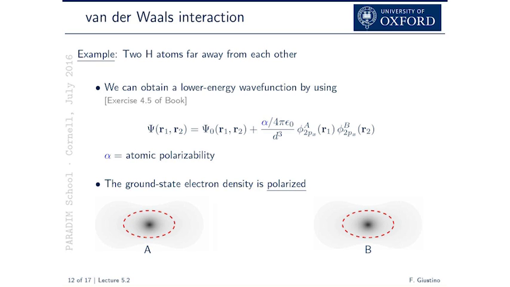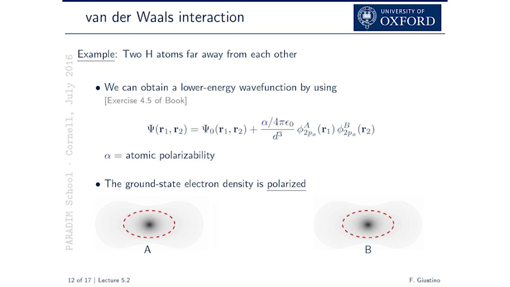So in a sense, the van der Waals interaction is simply the fact that a non-interacting ground state, using the independent particle approximation, using DFT-LDA type techniques, doesn't give you a good enough ground state. If you include other terms, you get a better guess for the ground state.